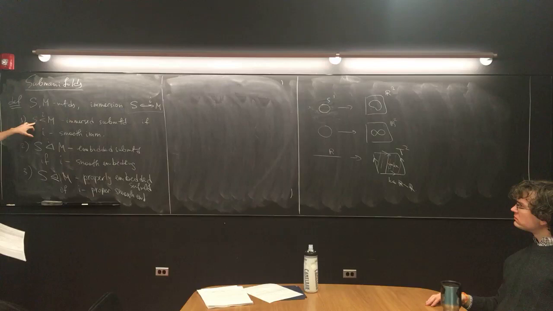If you restrict this to the imaginary line, then this will be exactly the spiral map e to the ix, right?